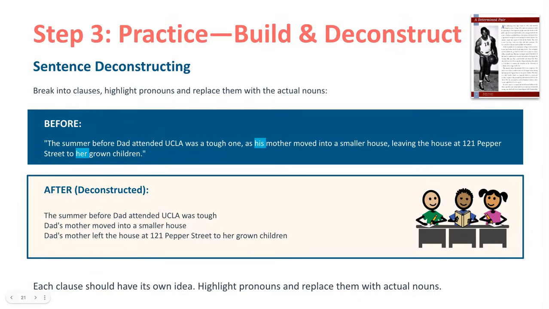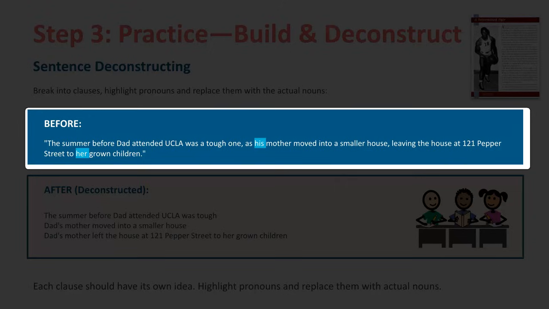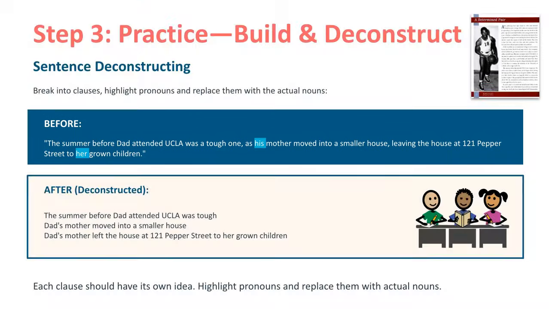Let's go ahead and deconstruct another. Read. "The summer before Dad attended UCLA was a tough one, as his mother moved into a smaller house, leaving the house at 121 Pepper Street to her grown children." Dense. Break it down. First, the summer before Dad attended UCLA was tough.